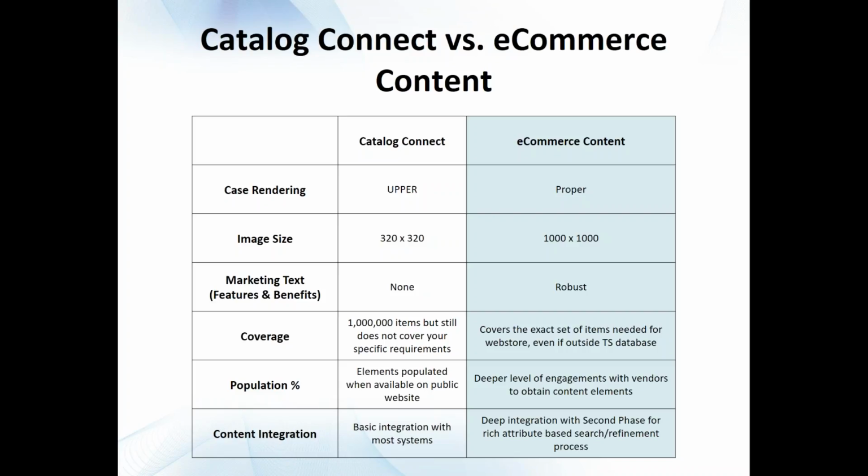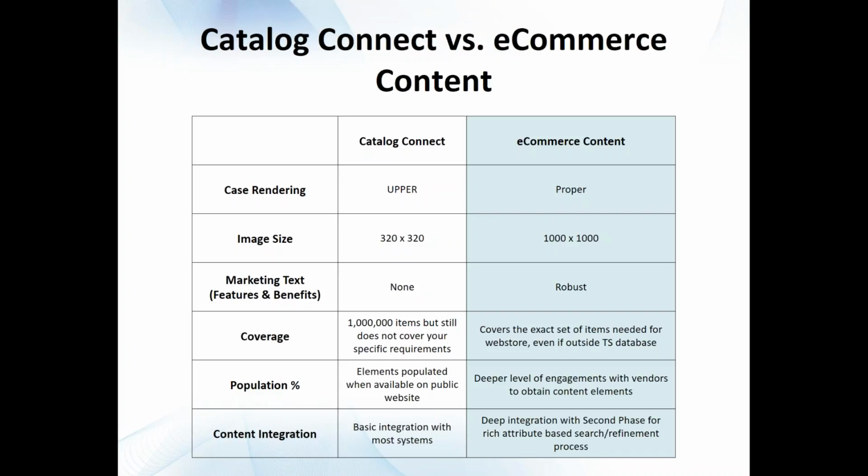Population percentage. This is important. When we populate the elements in the Catalog Connect service, we're basically relying on whatever is available on the manufacturer's public website, which often is quite a bit.